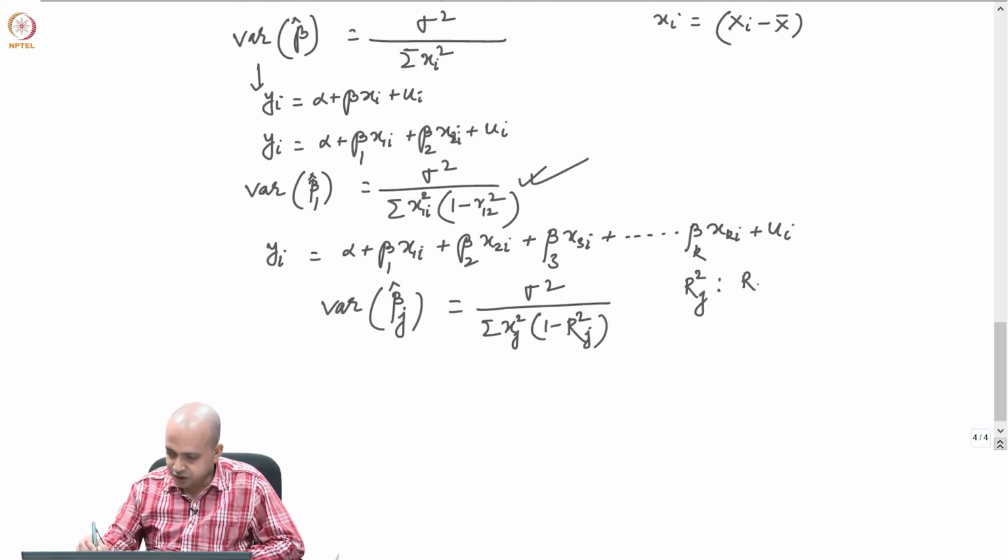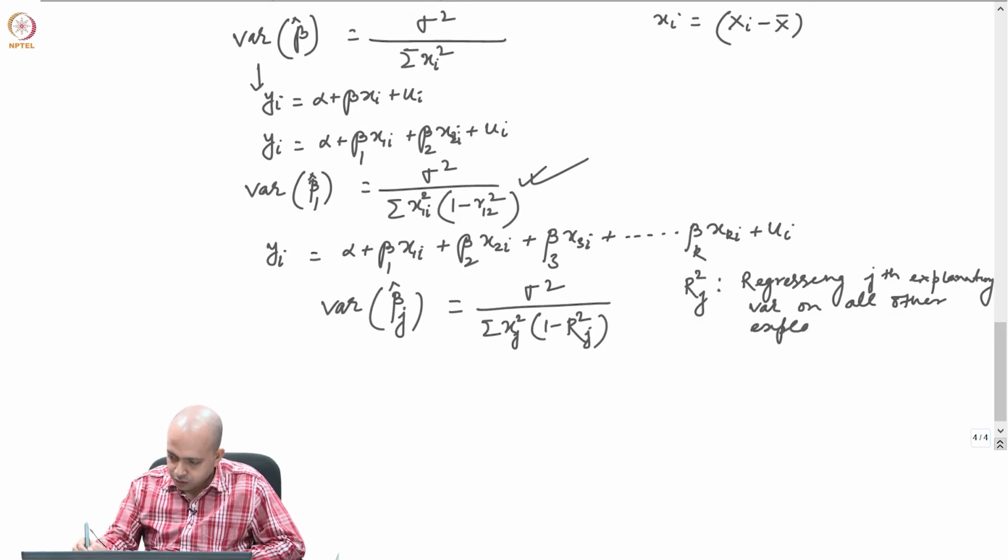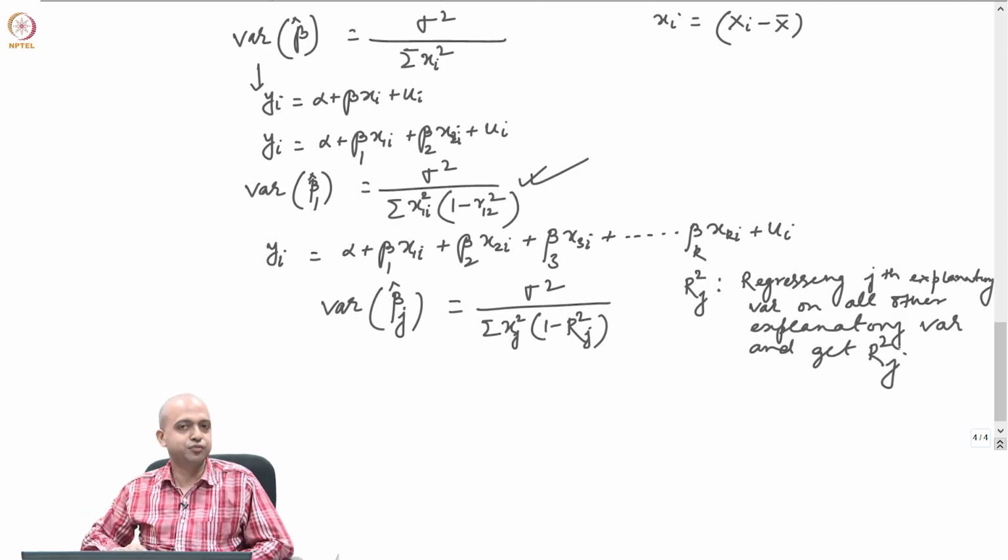By regressing the jth explanatory variable on all other explanatory variables and get R square, and that is known as R square j.